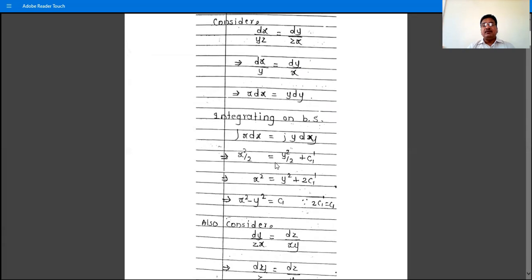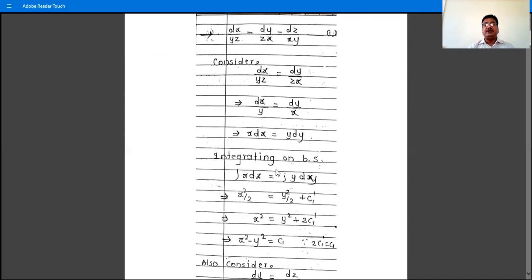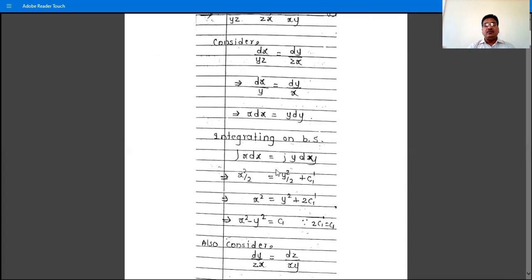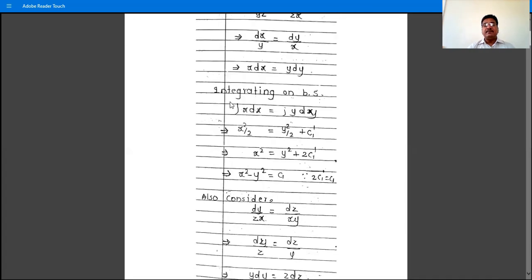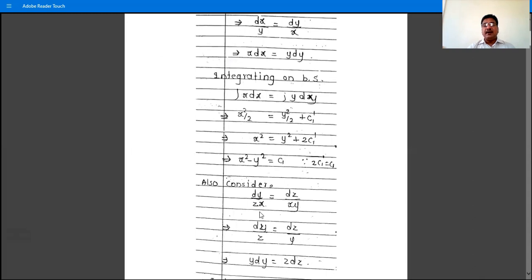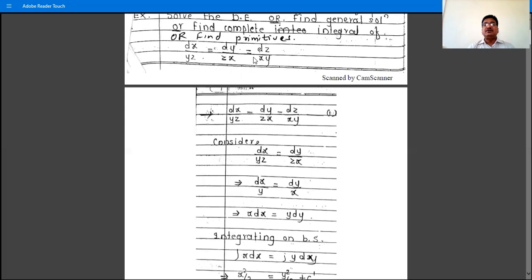Then we will find another solution, the second solution, of the same differential equation. In order to find the second solution, consider the ratio dy by zx and dz by xy. That is, consider fraction number 2 and fraction number 3.